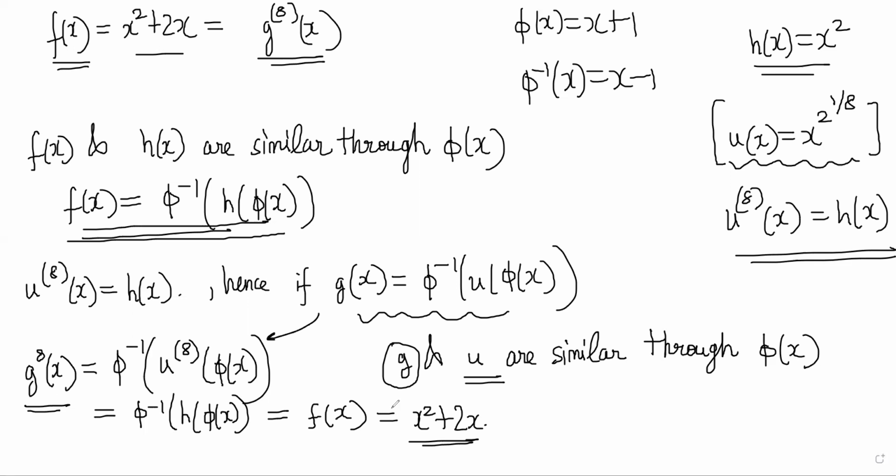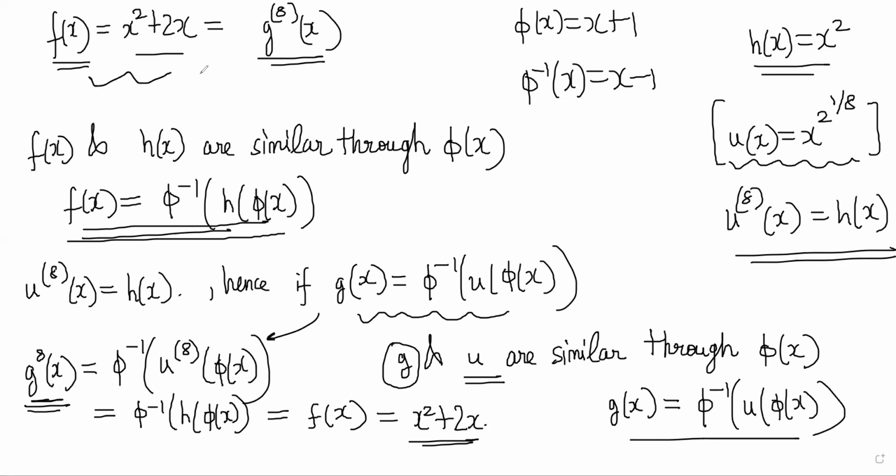So therefore, g of x must be equal to simply phi inverse of u of phi of x, right? We are getting the initial condition that we wanted. g of 8 of x should be equal to f of x. So this relation is confirmed. So we'll say that g of x then must be equal to this, right?